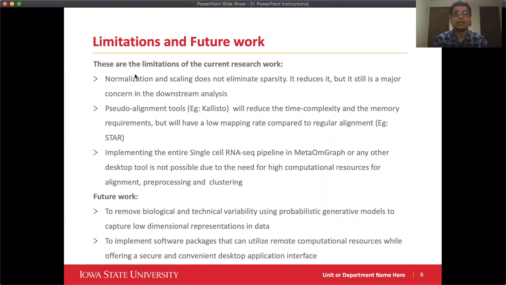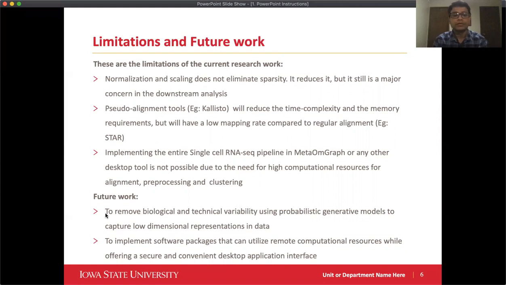And then another limitation is in the software engineering perspective. Implementing this analysis pipeline in a desktop software is not quite feasible because of the resource constraints. And right now there are not many tools which can perform this analysis.